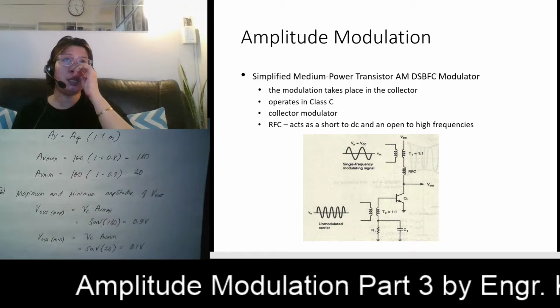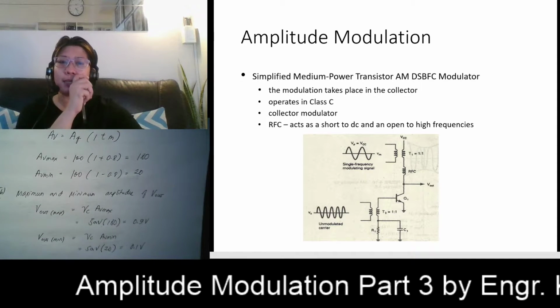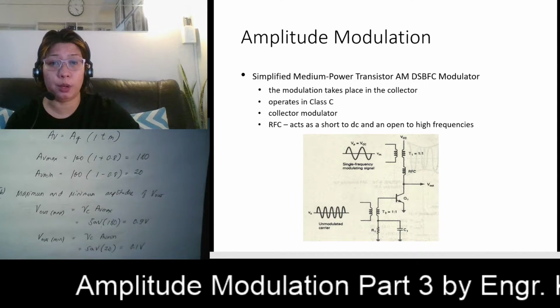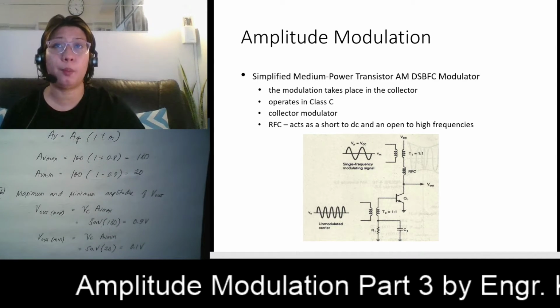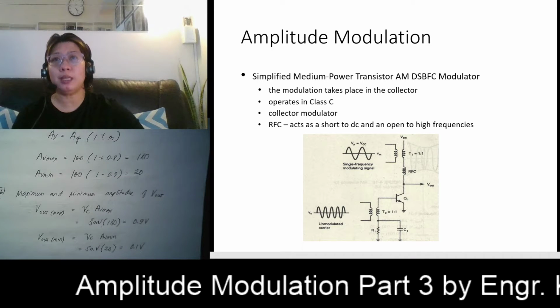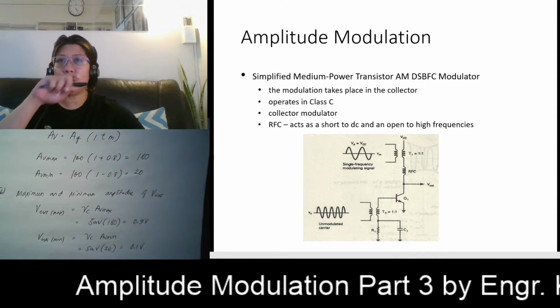Again, just like the previous one, we still have two inputs: your carrier input at the base and your modulating signal at the collector. This is biased as class C. This operates nonlinearly and it is capable of nonlinear mixing. Nonlinear mixing is our modulation process. The modulating signal is applied directly to the collector.